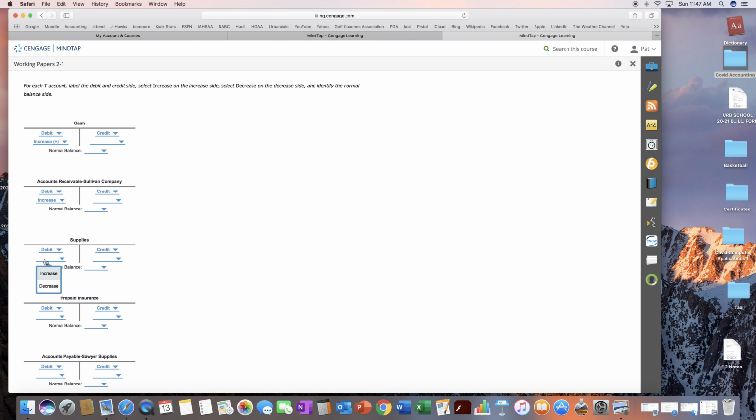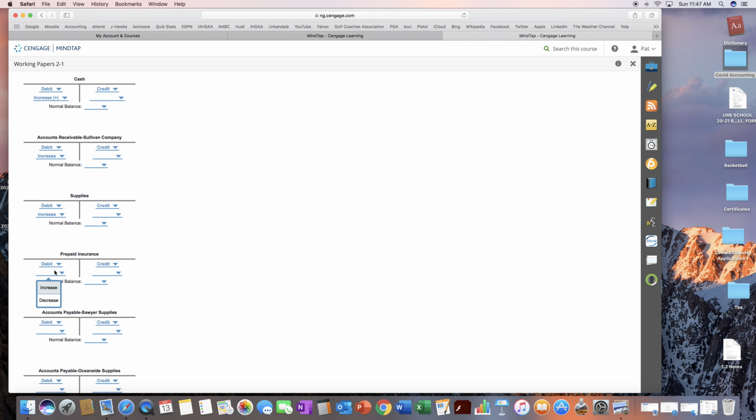If you buy supplies, you will increase supplies with a debit. If you pay for insurance, you will increase insurance. Now you have more insurance. So you debit assets to increase them. So then obviously the opposite side is a decrease for those assets.